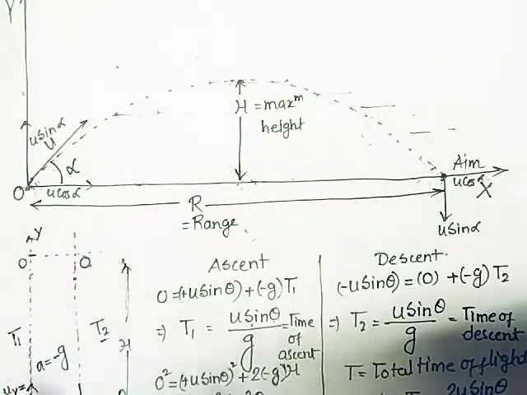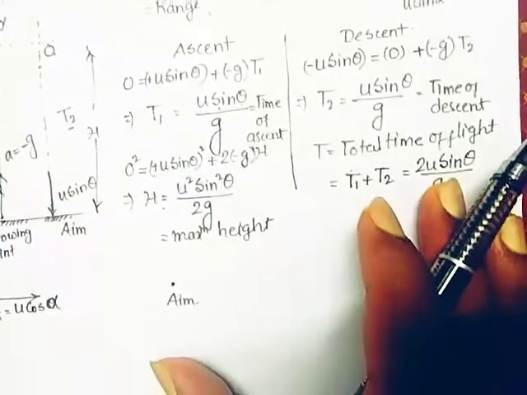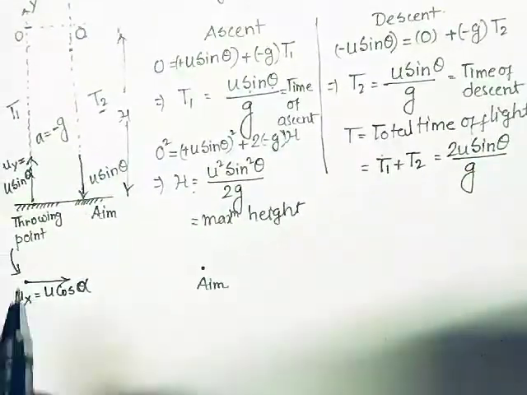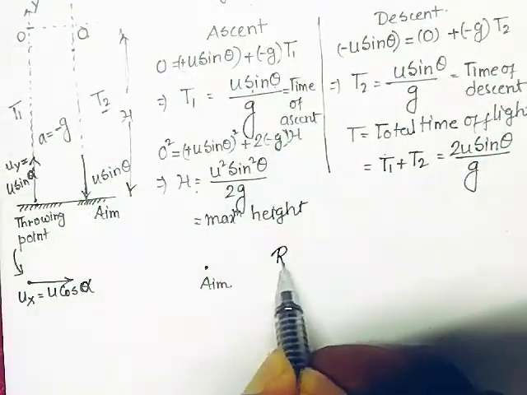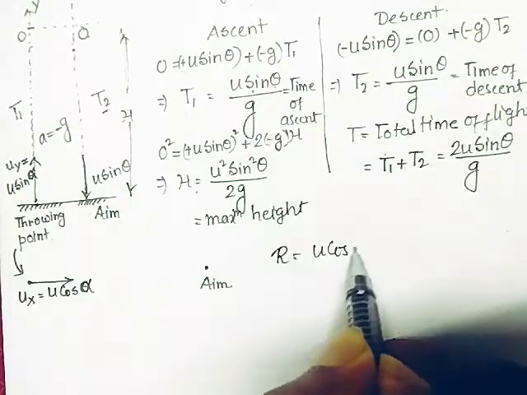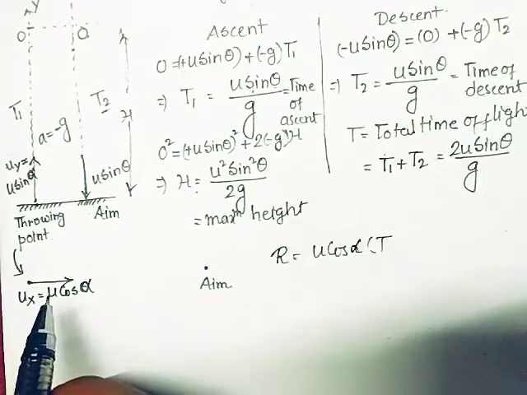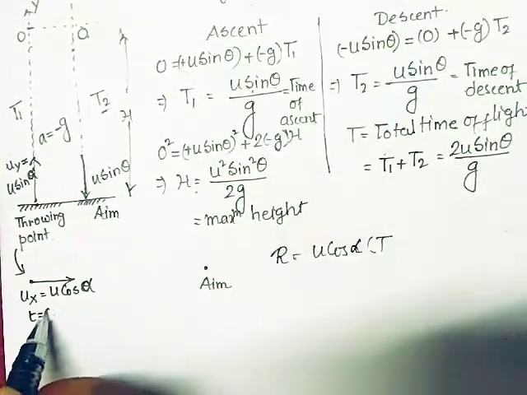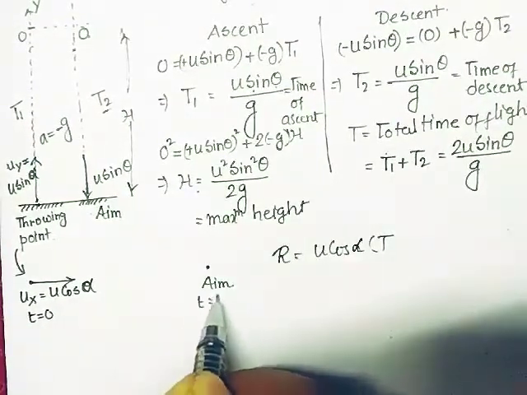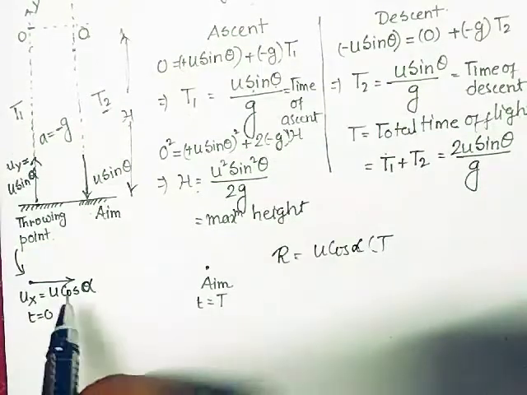So if we multiply u cos alpha and capital T, at t equal to 0 it will be here, and at t equal to T, it strikes the aim.